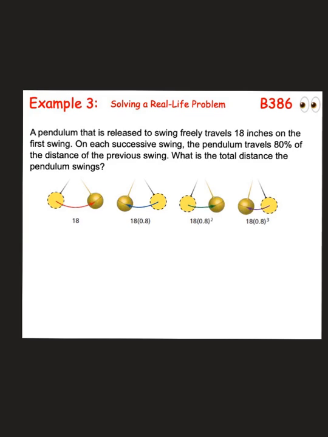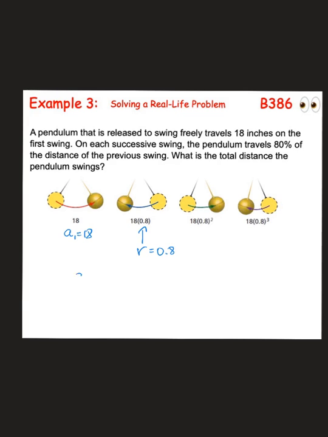So we are going to again look at this infinite geometric series. If I look at what my first term would be, my first term is going to be 18. My common ratio is going to be 0.8. It's clear that that's 80% as a decimal. So 0.8 is between 1 and -1, and it does not equal 0.